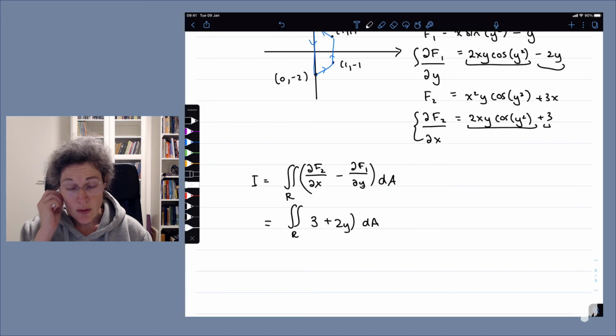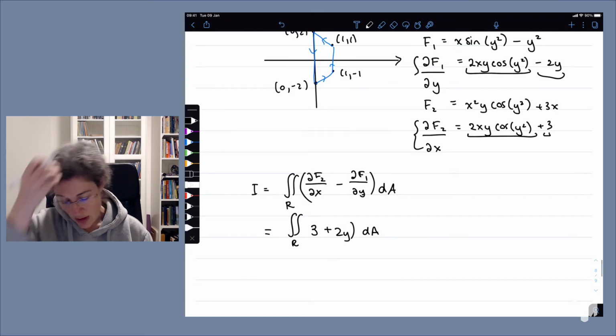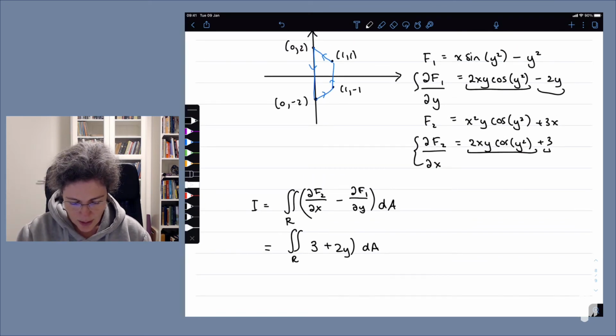So now we are again just left with a fairly straightforward integral. You could decide how to do this. My suggestion would be to think about chopping the integral into slices like this. So we need to know what each of these limits are.